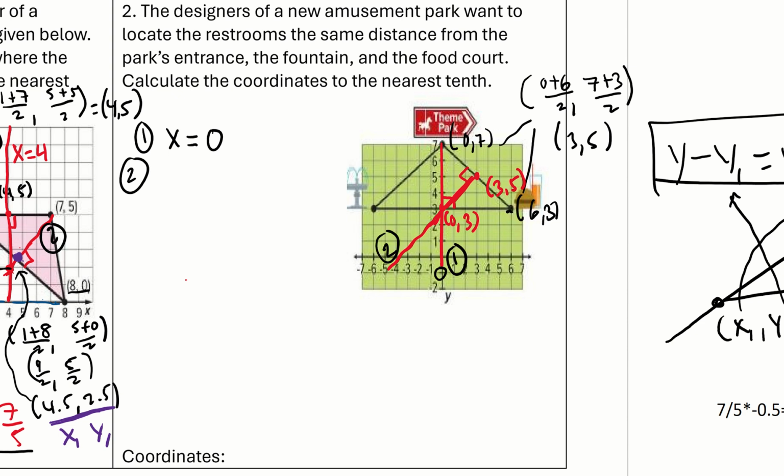Okay. Now let's get the slope of this line, this original line. I'm going to get the slope of that line, so I'm going to do rise over run. Okay, so it goes over 6, and rise over run. Oh, actually, it goes down. It goes down from 7 to 3. So it goes down 4 and over 6.